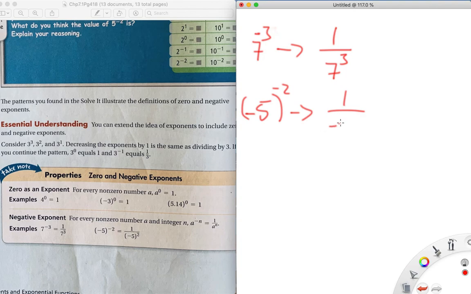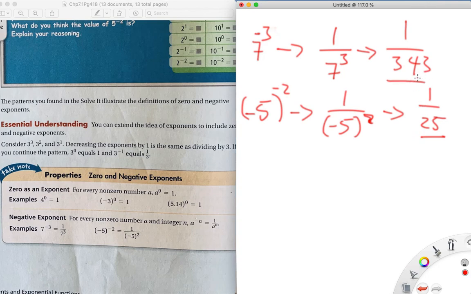Go down in the bottom, and then that's squared. 7 to the third power is 343, and then negative 5 squared is 25. So, negative exponents. If your exponent is negative and your number is in the numerator, then you're going to go down in the denominator and the negative is going to go away.